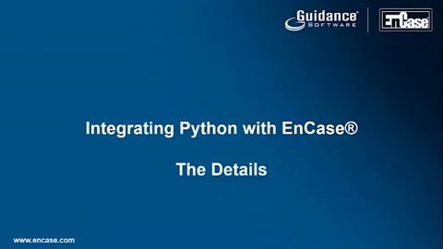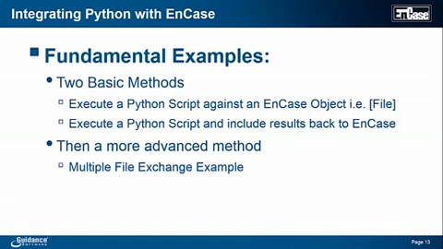So now let's dive in and look at the possible ways that we could integrate Python with EnCase and examine some of the specific details about how we go about doing that. We're going to walk through three basic methods, well, two basic methods and one a little bit more advanced method. The first two are going to first execute a Python script against an EnCase object, specifically a file that you've selected.